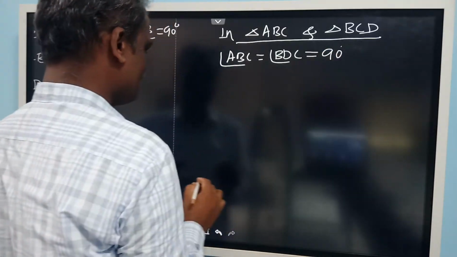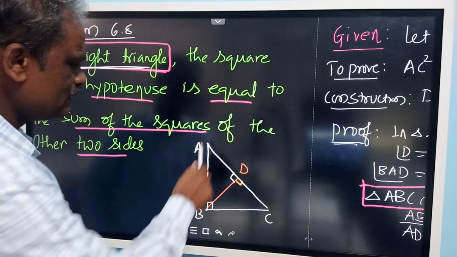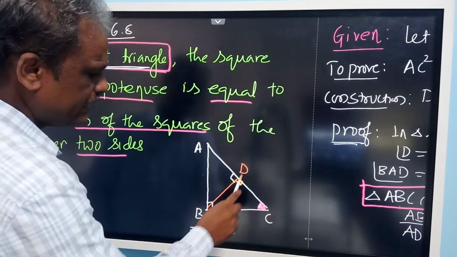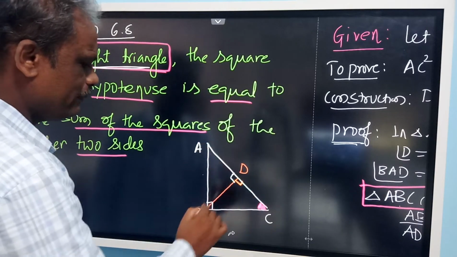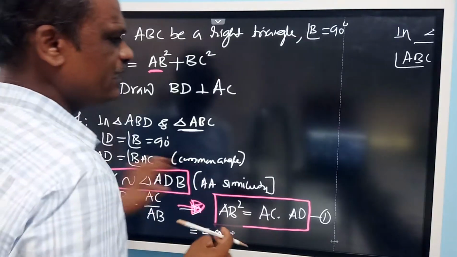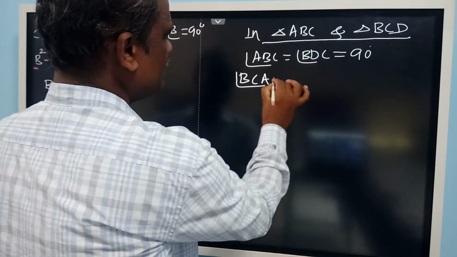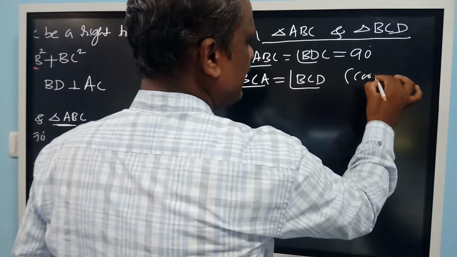This is by construction. Then one more angle which is common in these two triangles. In ABC we have angle C, in BDC also we have angle C. So angle BCA is equal to angle BCD. So this is a common angle.